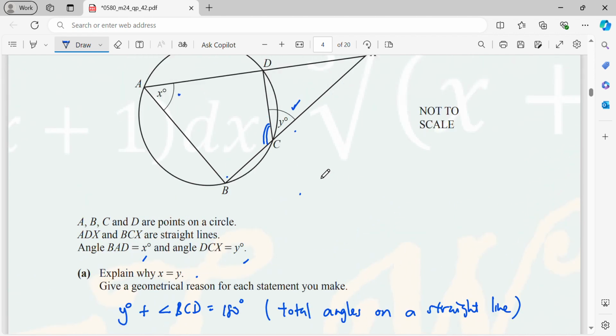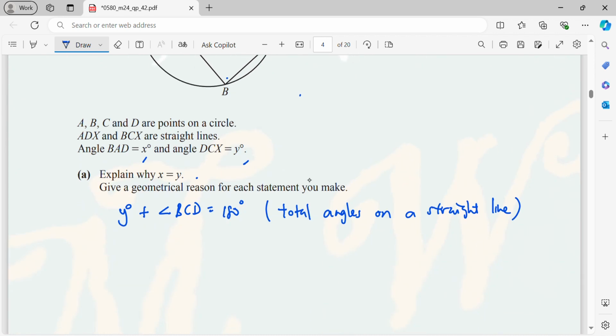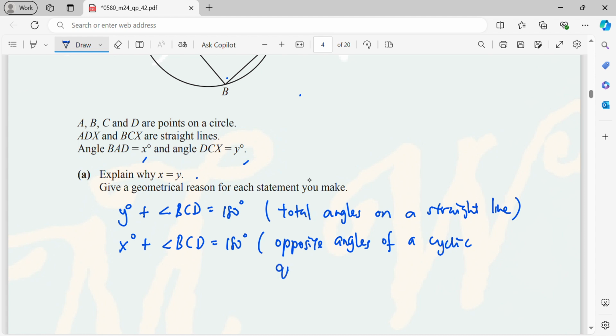Now, from here, I will say that x degrees plus angle BCD will be 180 degrees because of the opposite angles. So x degrees plus angle BCD equals 180 degrees. This is due to opposite angles of a cyclic quadrilateral are supplementary.